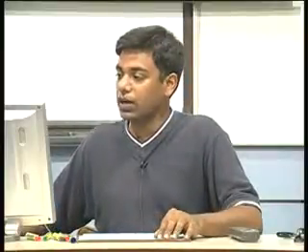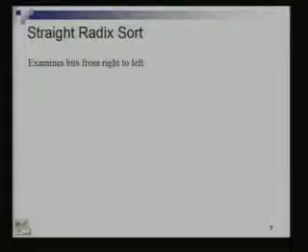Great. So, we will continue. This is another version of radix sort, straight radix sort. We are going to examine the bits once again, but from right to left now, not from left to right.